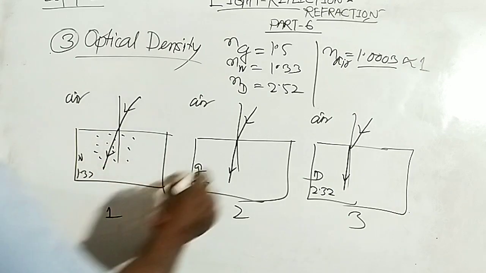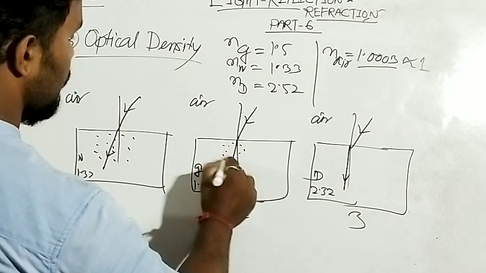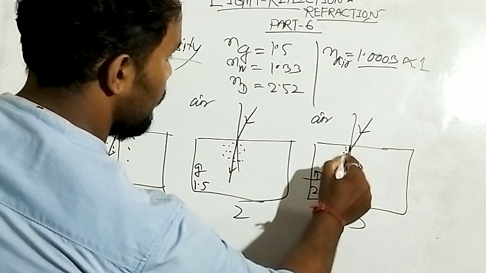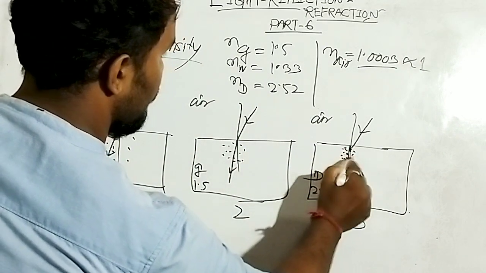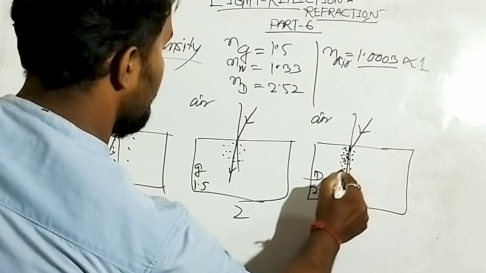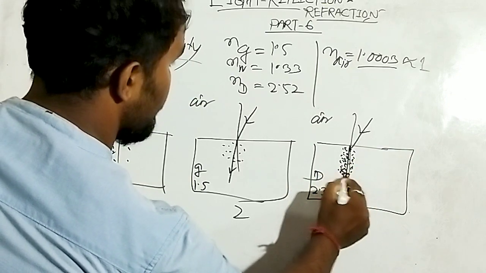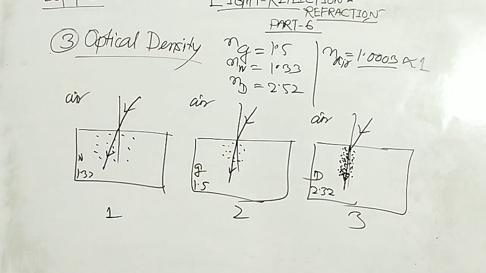In case of glass, it is almost like this. But in case of diamond, it is quite dense, like this. There is less space for the ray to pass. This is the concept of optical density.